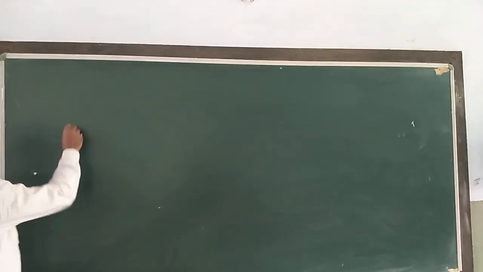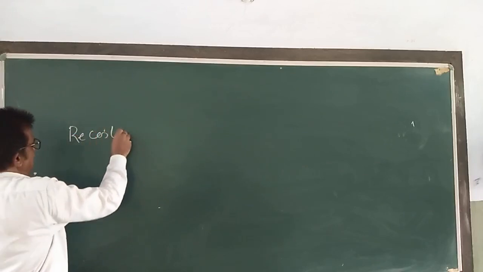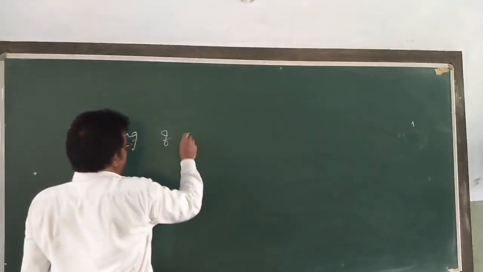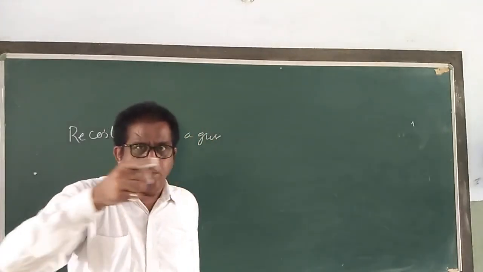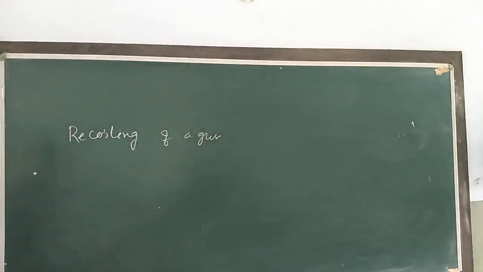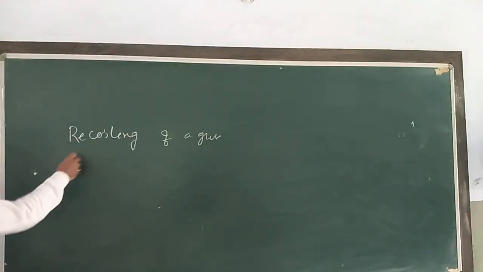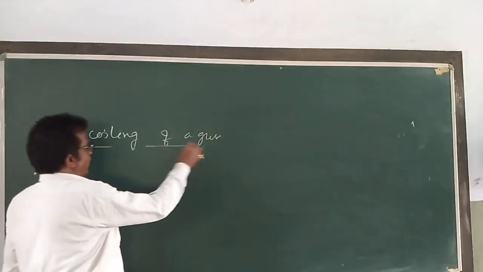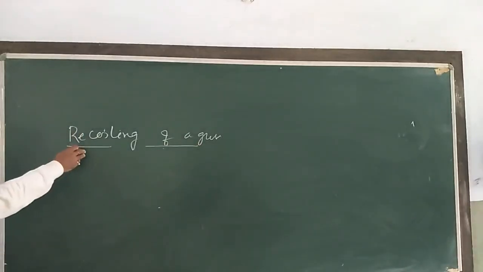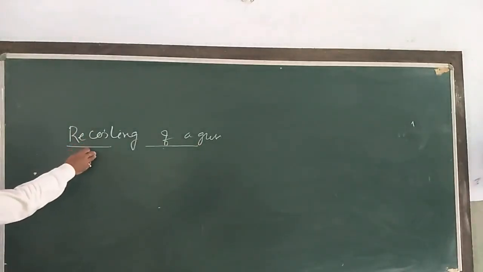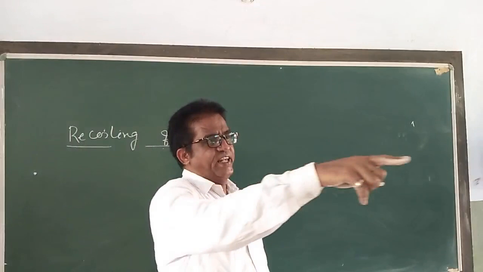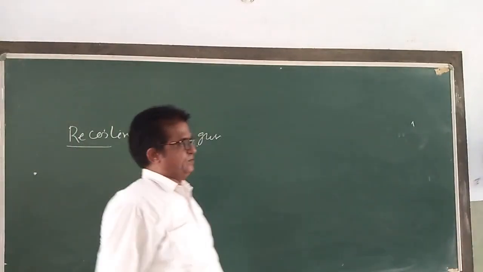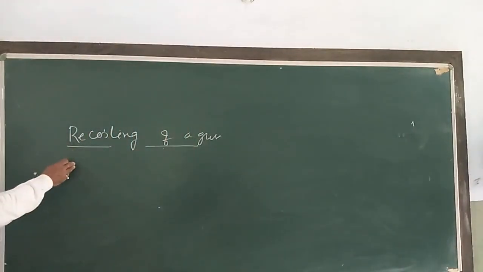When a bullet is fired, the gun recoils. Just see, a bullet is fired, then the gun moves in a direction opposite to the direction of the motion of the bullet. If the bullet is going forward, the gun will move in the opposite direction.